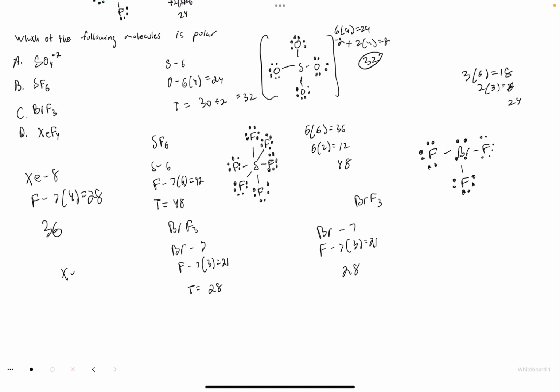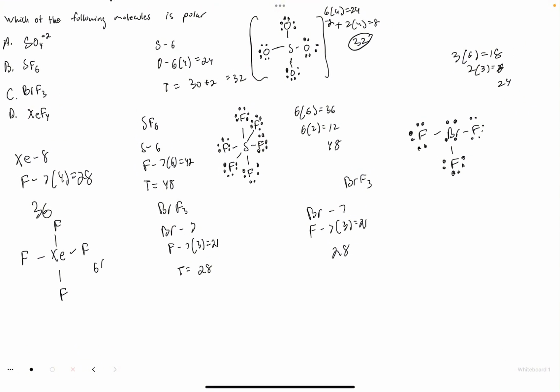What's special about Xe is that if we have all these fluorines, it seems like we're okay. 6 times 4 is 24. 2 times 4 would be 8. That's 32. So we're missing some, so that's lone pairs on both sides. That gets us up to 36 valence.